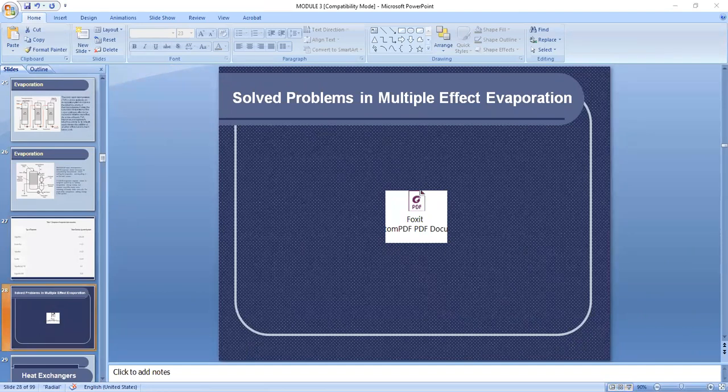You will be directed to solve problems on multiple effect evaporation system. And it's also shared to you there. It was already shared to you in Canvas. These multiple effect evaporation problems. Just read on those. Okay?